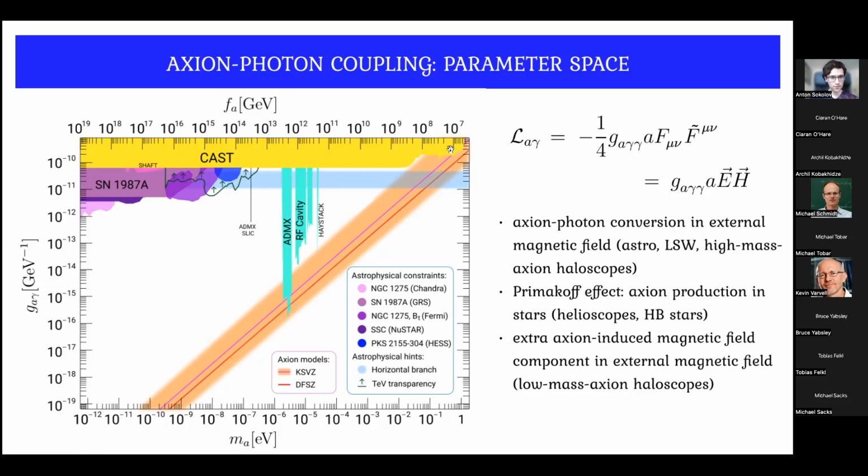So here you can see this band here, and you can see that it is definitely worth exploring more theory of axions, because these astrophysical hints point to a completely different region of the parameter space than the theoretical models.